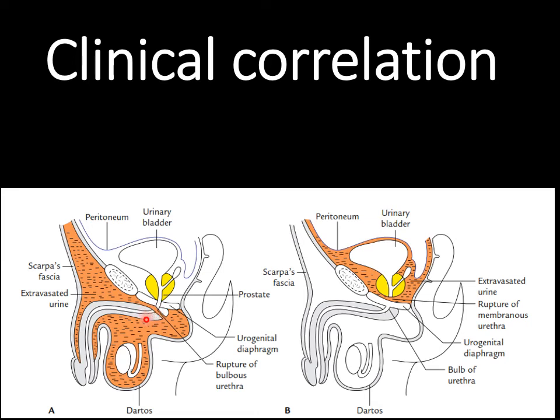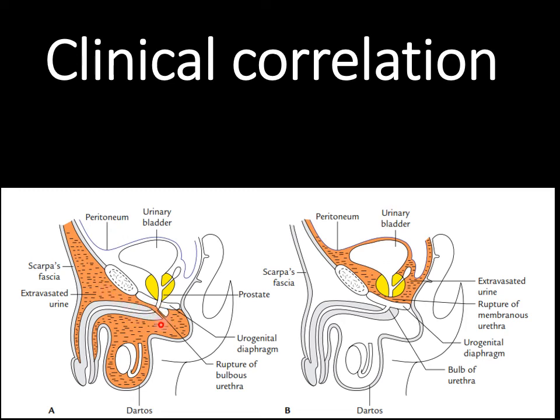If the urethra ruptures in the superficial perineal pouch, the extravasated urine occupies the entire superficial perineal pouch, so it cannot move back because posteriorly it is closed by the Colles fascia, which is extending upwards and joining with the posterior end of the perineal membrane. Anterolaterally also it cannot move because it is fusing with the ischiopubic rami of the pubic bones and the ischium, and only anteriorly it is open.